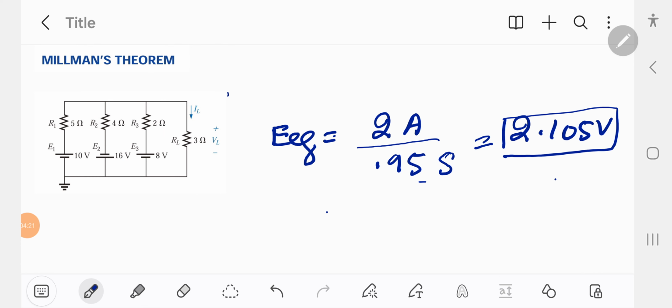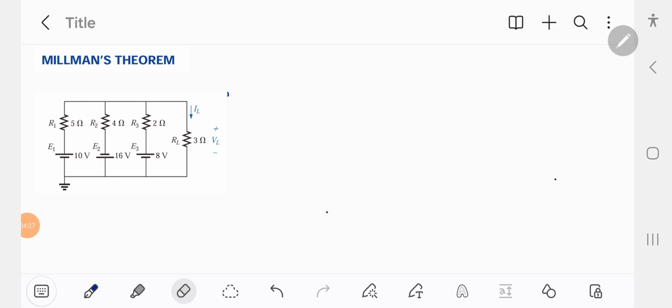Now we found the first term and we are going to find the second term of the Millman equivalent circuit.